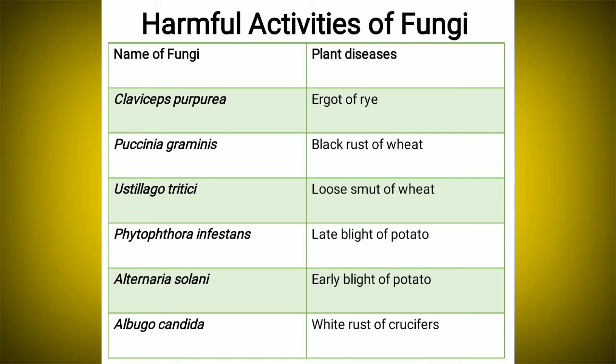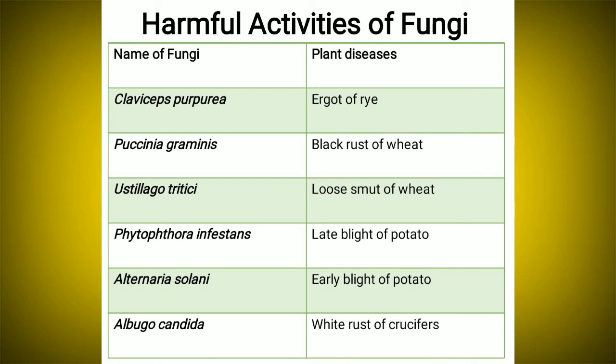Some of the diseases of plants due to fungal attack are Claviceps purpurea, which causes ergot of rye, Puccinia graminis, which causes black rust of wheat, Ustilago tritici, which causes loose smut of wheat, Phytophthora infestans, which causes late blight of potato, Alternaria solani, which causes early blight of potato, and Albugo candida, which causes white rust of cruciferae. You can have a view of these diseases in the earlier shared photographs during this class.